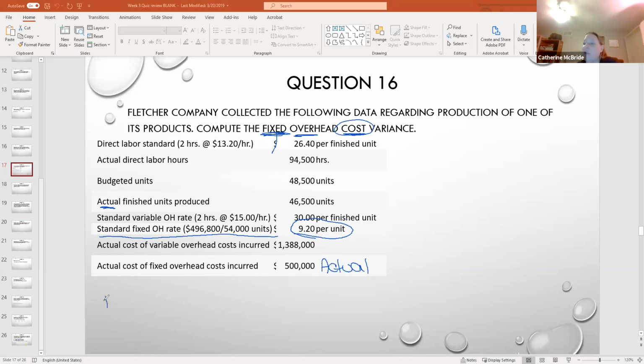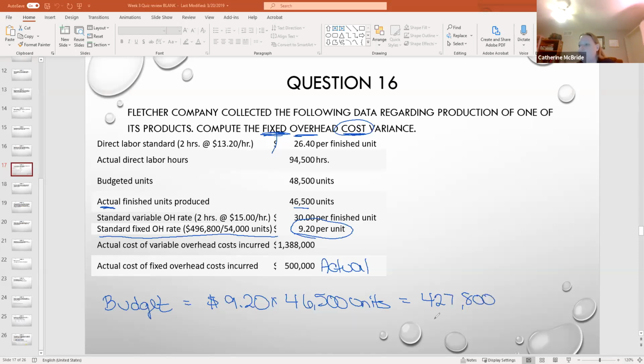We planned to spend $9.20 a unit, and we actually did 46,500 units, which means our budgeted amount was 427,800.